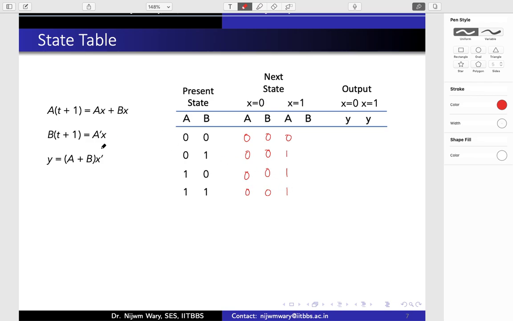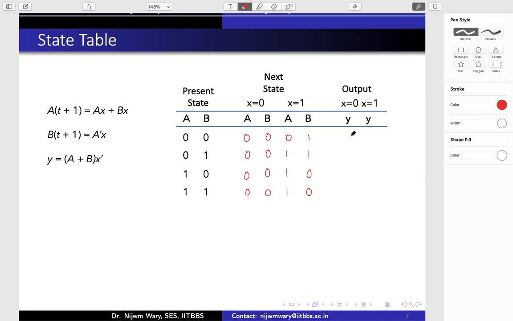Similarly, when x is 1 and A is 0, the next state of B is 1. A is 0 in these two cases, so I can easily write this as 1 1, and however for these two cases A complement is 0, so I can simply write it as 0 0.